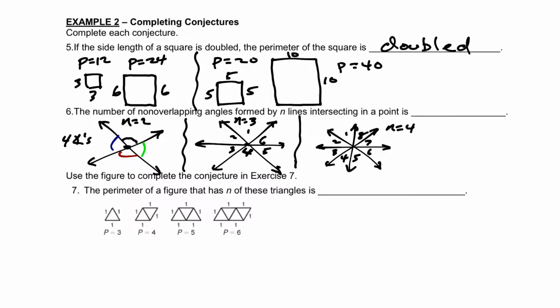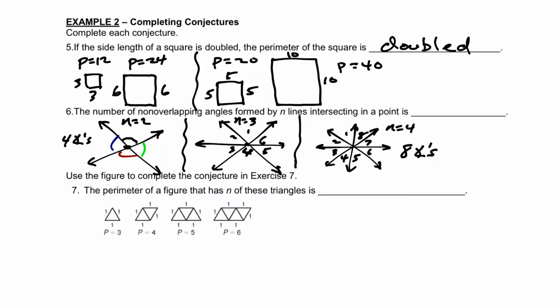And in the last case, we have 1, 2, 3, 4, 5, 6, 7, 8 non-overlapping angles when the number of lines is 4. So again, just to wrap this one up, when n is 2, the number of non-overlapping angles is 4. When n is 3, there is 6 non-overlapping angles. And when n is 4, there's 8 non-overlapping angles.